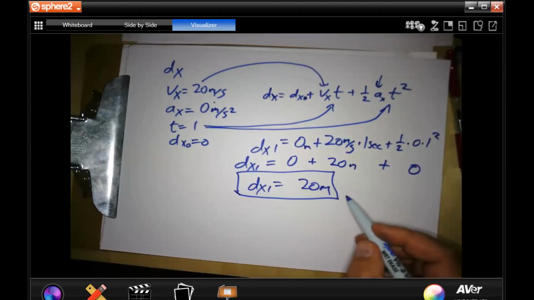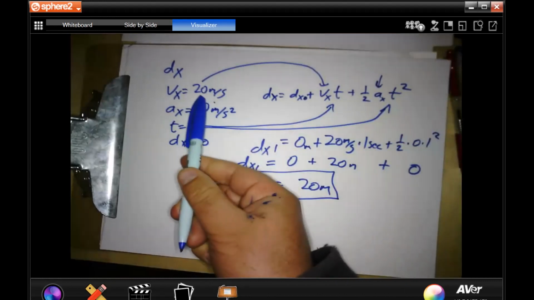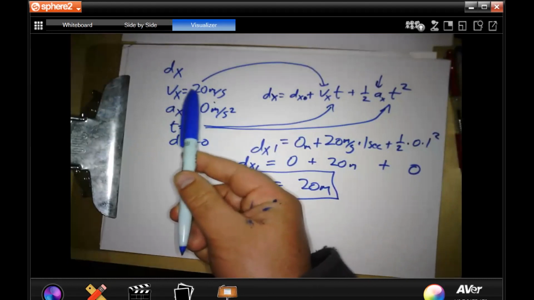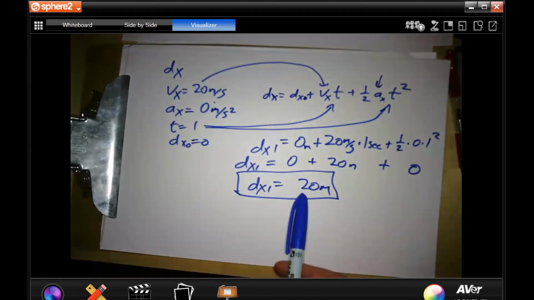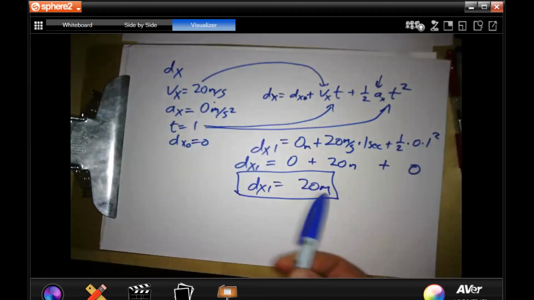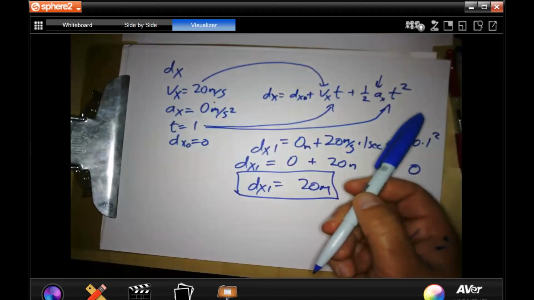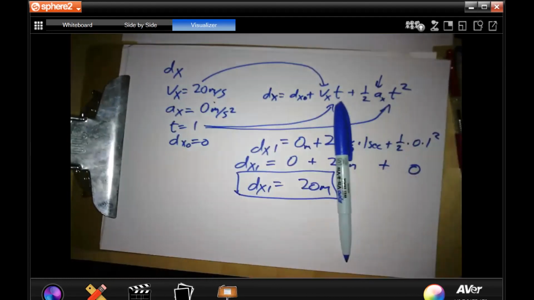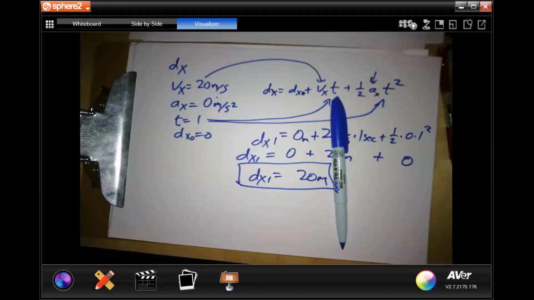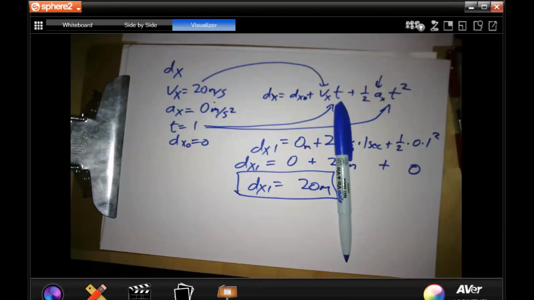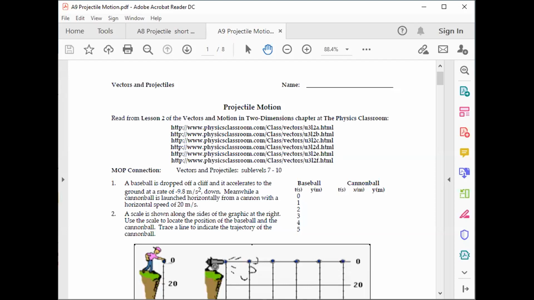Now notice the baseball did not have any velocity, so it is not going to go forward. The cannon does, so this is for the cannon, which is why the cannon has this column and the baseball does not. So if we come back over here, hopefully we've seen that we've filled out the first 2 columns.